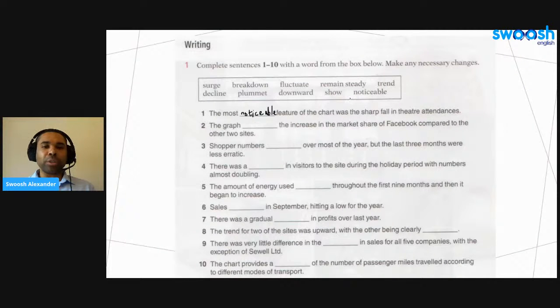Okay, so the most noticeable feature of the chart was the sharp fall in theatre attendances. So we can see this is describing one of the key features of the chart, and so this is a great phrase to use. So using a phrase like this, the most noticeable feature, is a great way to introduce the key details for describing IELTS Task 1.